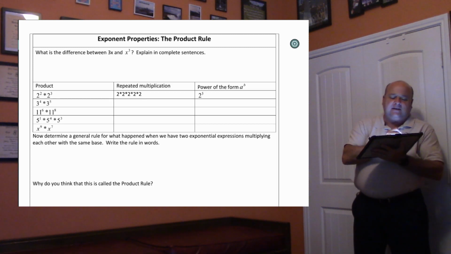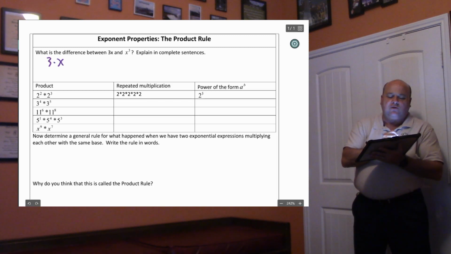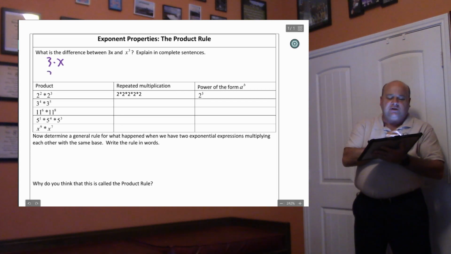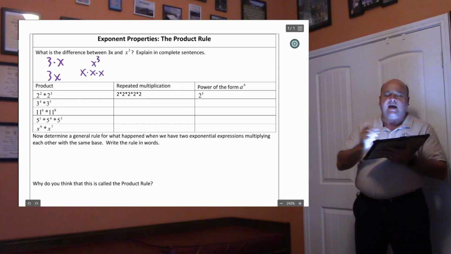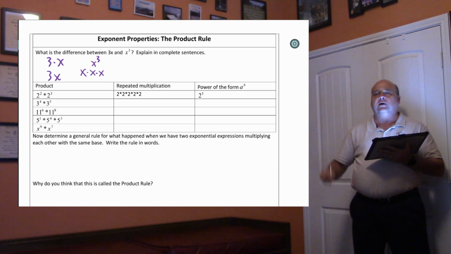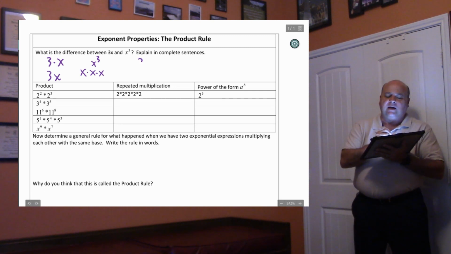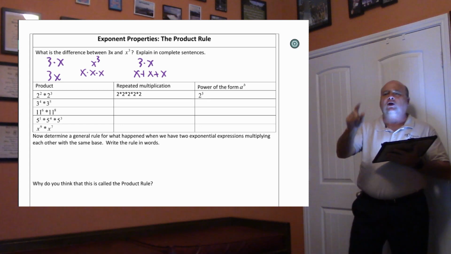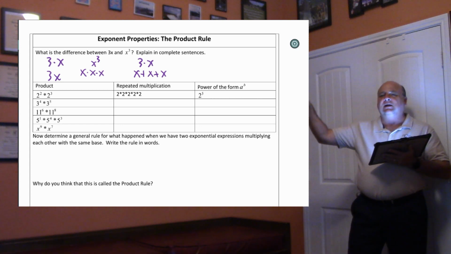3 times x means you are taking 3 and multiplying it by x, and the answer is just 3x. X to the third means you're doing x times x times x. That's an exponent, right? Also, you could say 3 times x would be x, and you would add it 3 times. You would have 3 x's you're adding. So when you multiply, basically you're replacing addition.